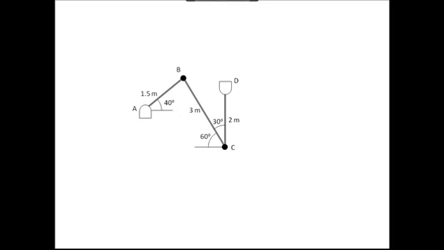And for BC, you do exactly the same thing. Think of B as a point on AB, so you have the velocity direction as in the blue colored arrow. Similarly, C you think is on CD, and you know the velocity direction is horizontal because CD is vertical. Now you think of B and C as points on link BC. You know two velocity directions, so you know how to handle it.